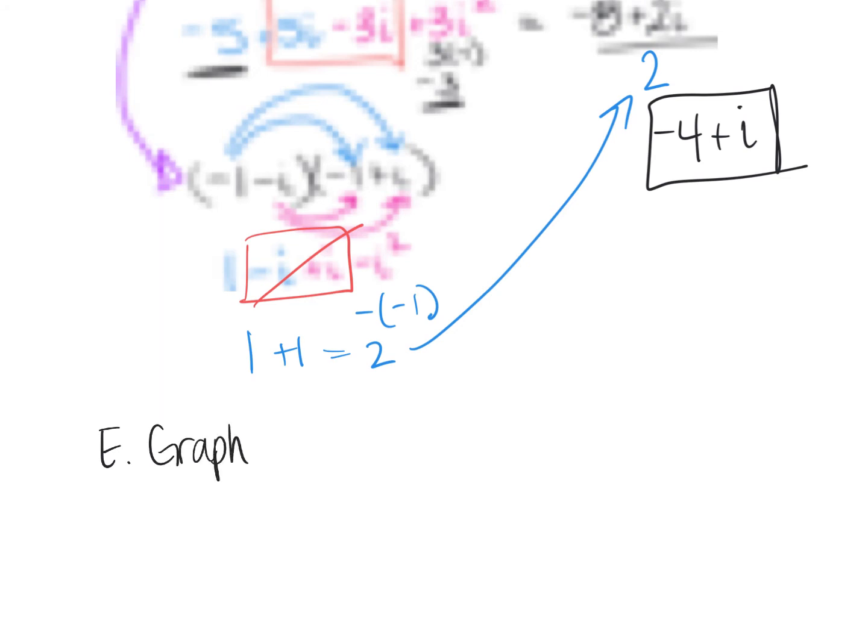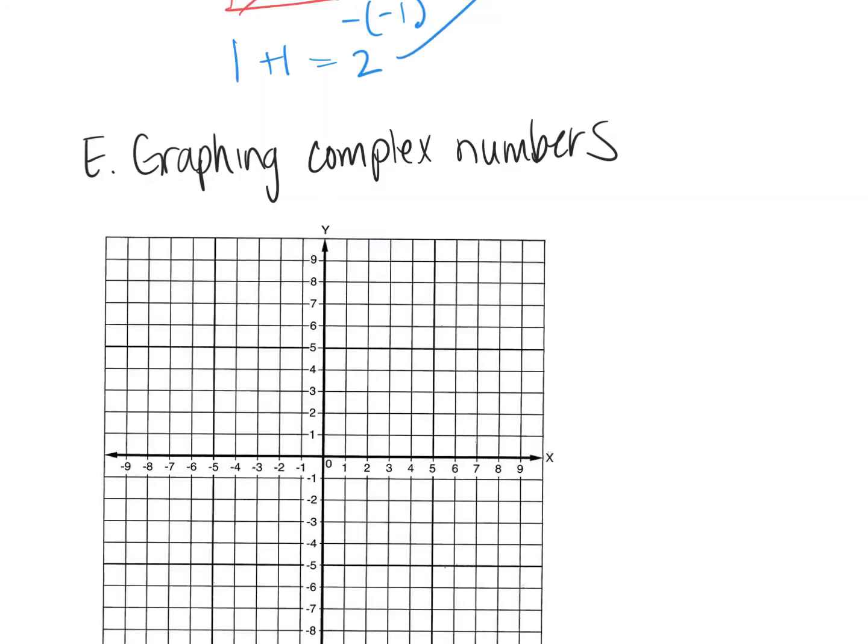Following today, making it new notes, it's part B. Okay, so to graph complex numbers, the x-axis becomes our real axis, and our y-axis becomes the imaginary.